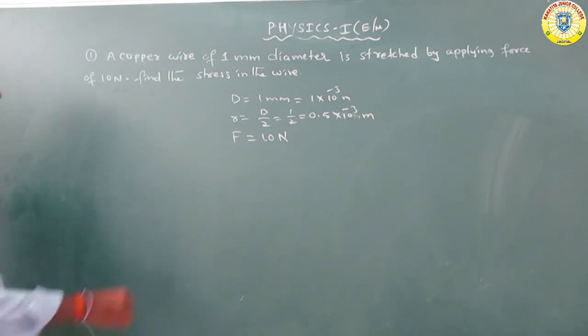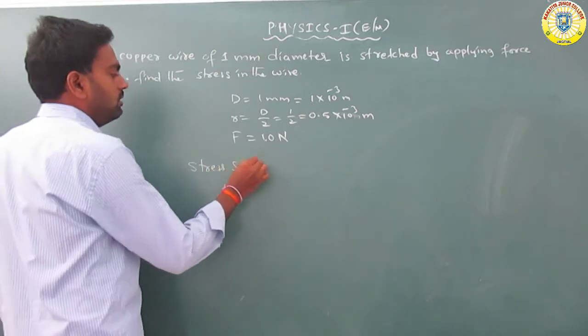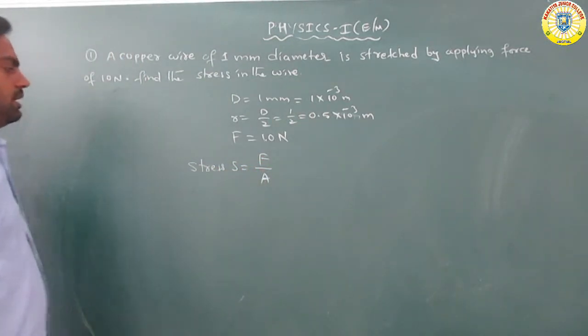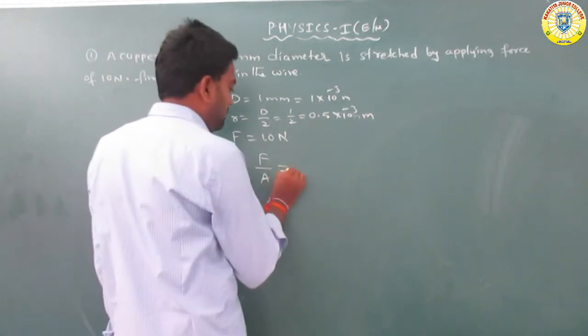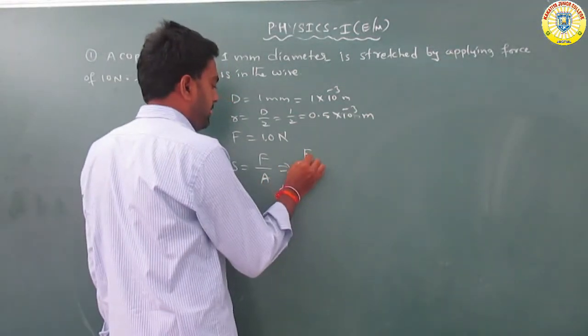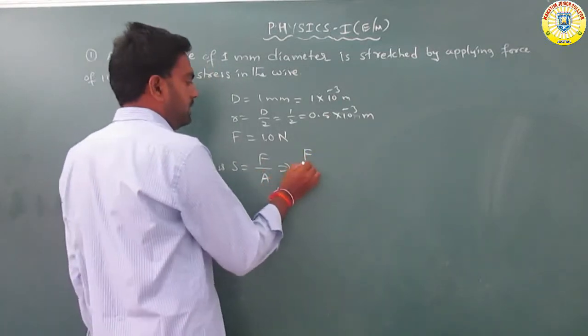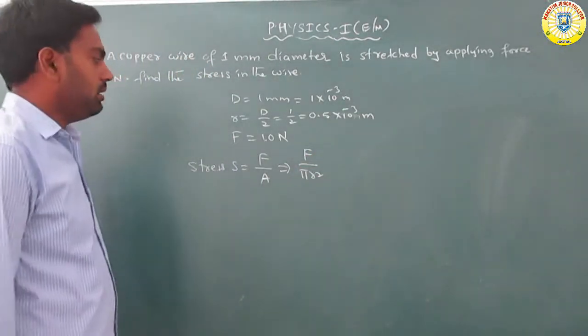Find the stress. Stress S is equal to F by A. F is the applying force per unit area, which is called stress. So F by A, where A is pi r square.